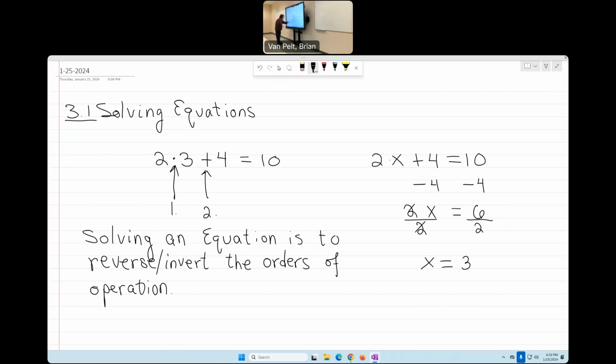You've not only got to go in reverse, but you've got to invert each of the things that you did.